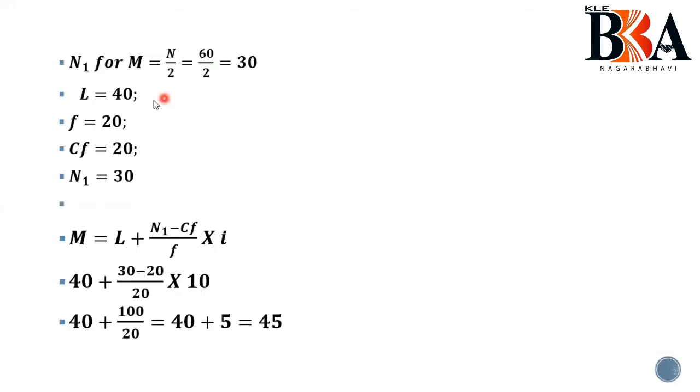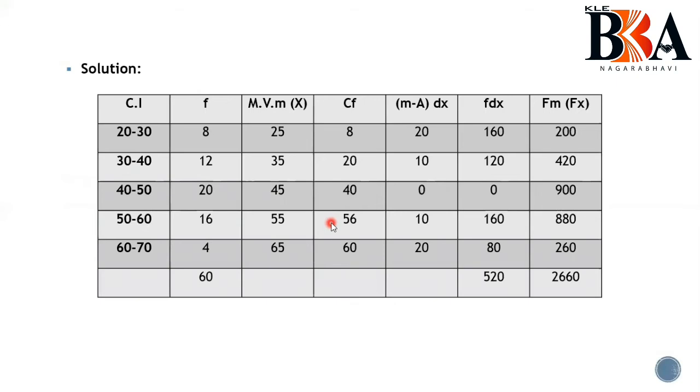Fine. Then, to get the values for L, f, cf and i, we need to calculate this N1. When you get this N1, you have to look into the cumulative frequency. You have to see where this 30 lies.